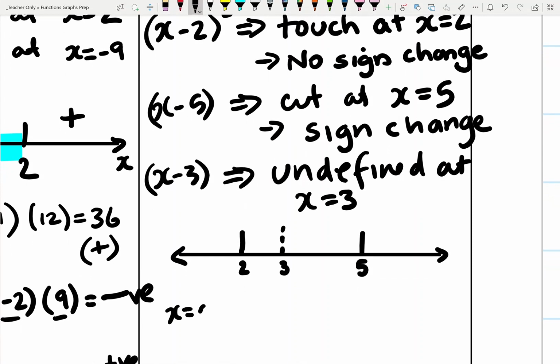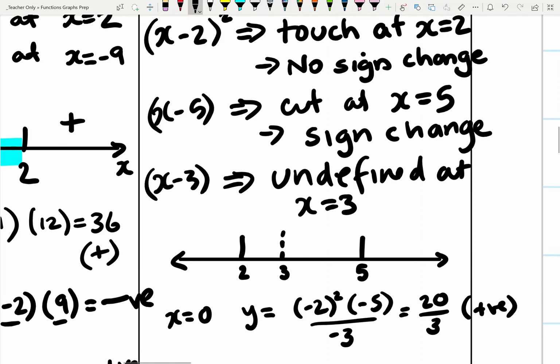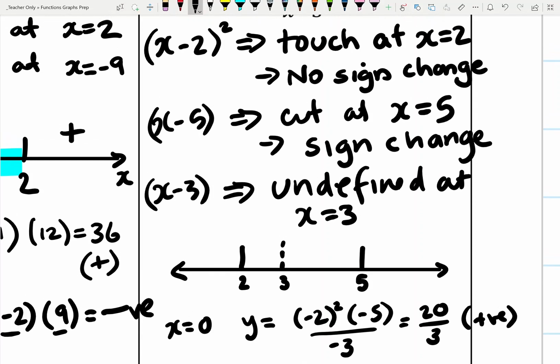So we let x equals 0. When x equals 0, y is going to be -2 squared times -5 on -3, which is 20 on 3, which is positive. Now, we know that there's no sign change at 2, so if it's positive here, it's also going to be positive here.